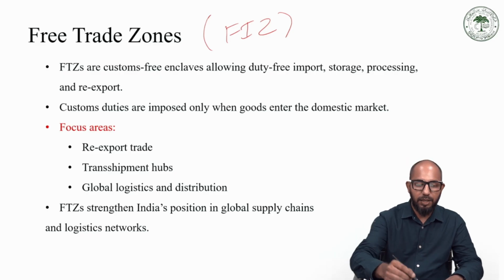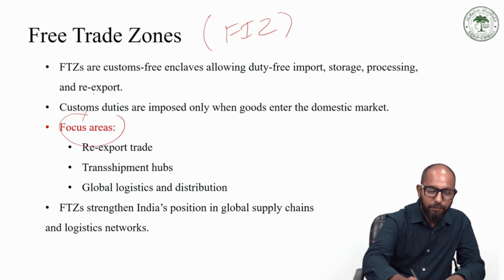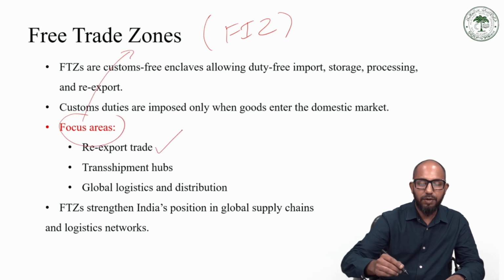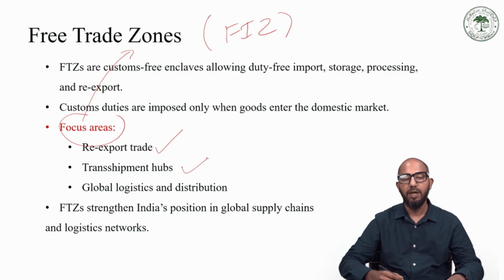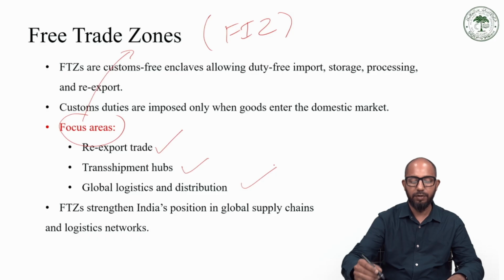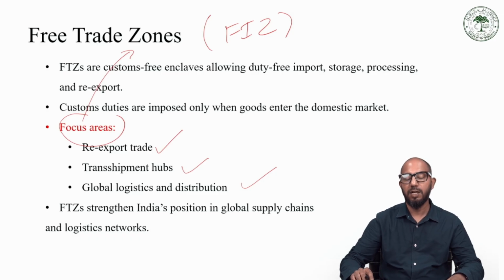The focus area of free trade zones is re-export trade, also known as entrepot trade, transshipment hubs, and global logistics and distribution. Free trade zones strengthen India's position in global supply chains and logistics network.